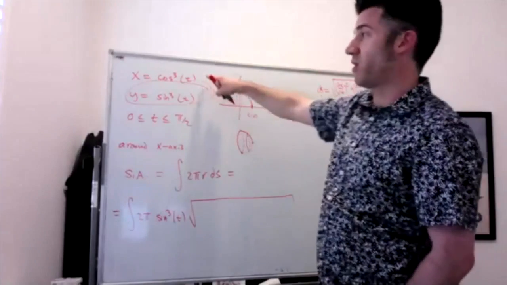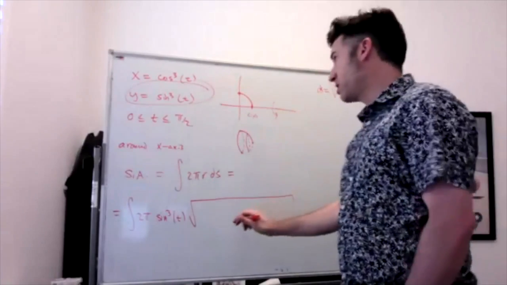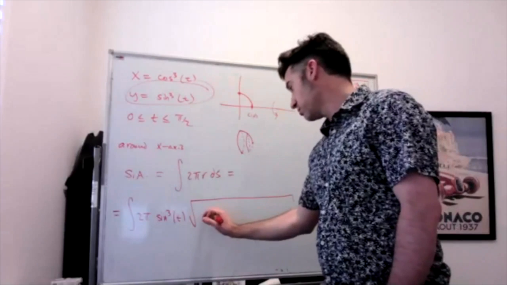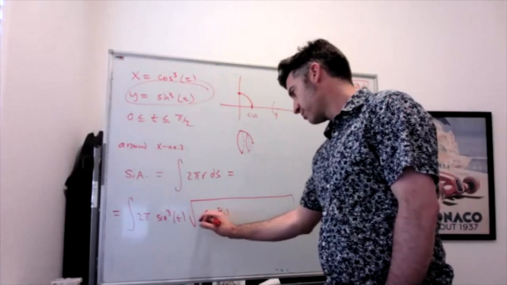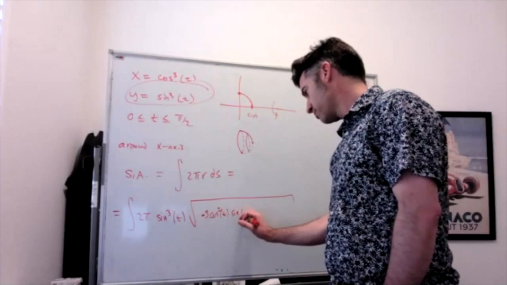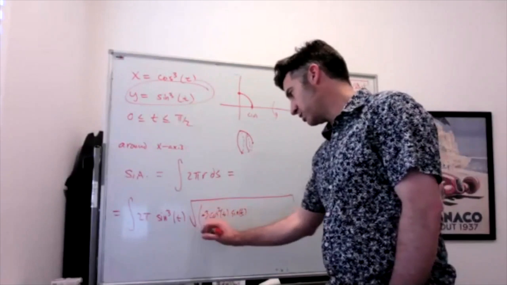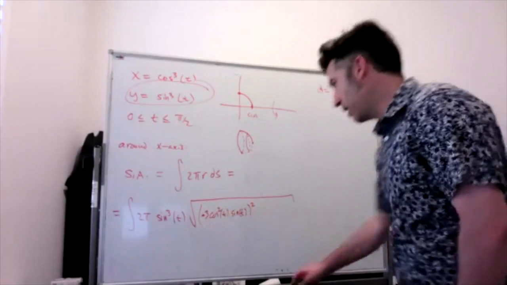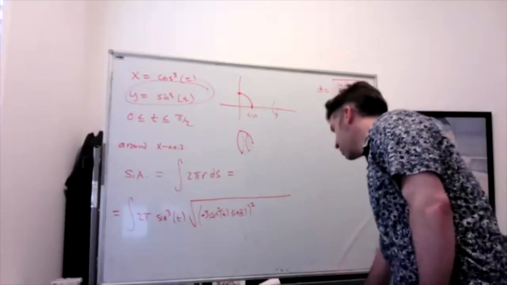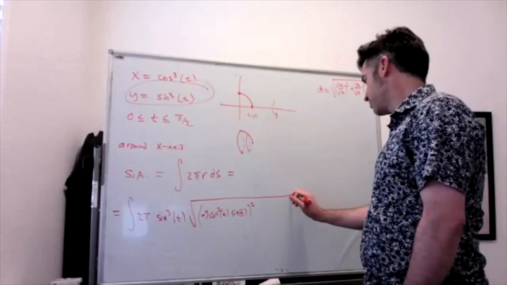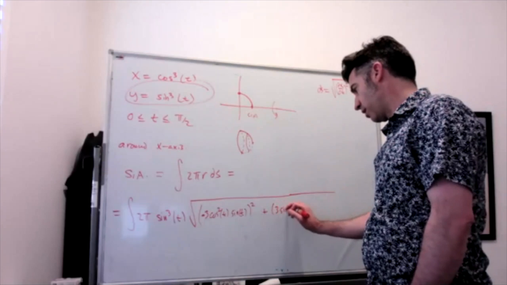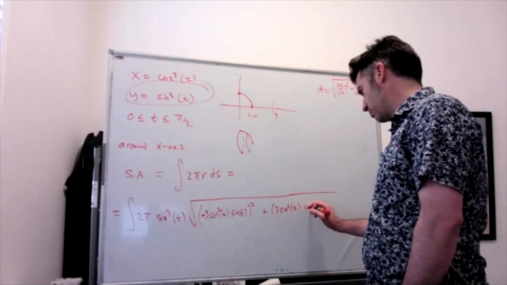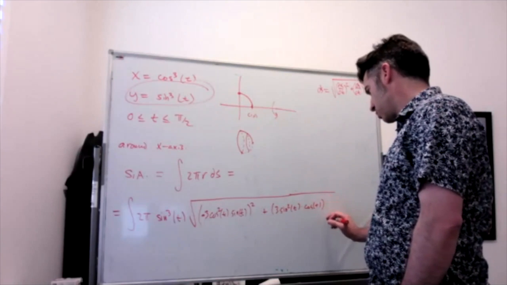The derivative of cosine cubed is 3 cosine squared times negative sine, quantity squared. And the derivative of sine cubed is going to be 3 sine squared times cosine, quantity squared.